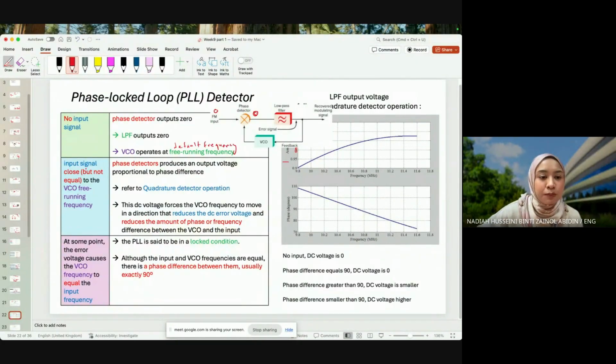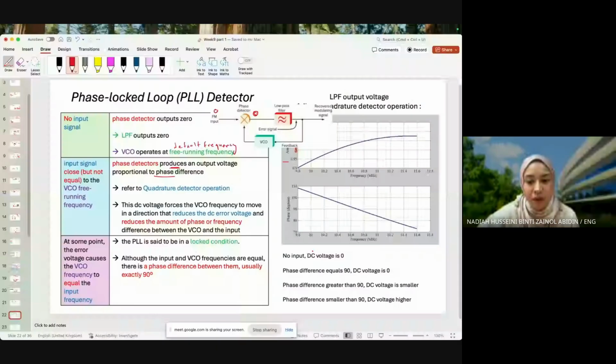And then if the input signal is close but not equal to the VCO free running frequency, meaning to say the VCO output is not the same as the FM input, the phase detector produces an output voltage proportional to the phase difference. Refer to quadrature detector operation. So with no input, the DC voltage is 0.